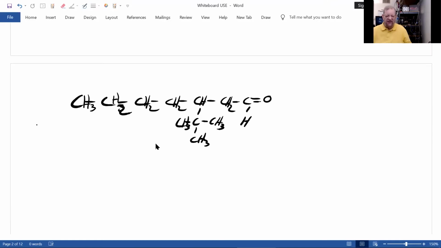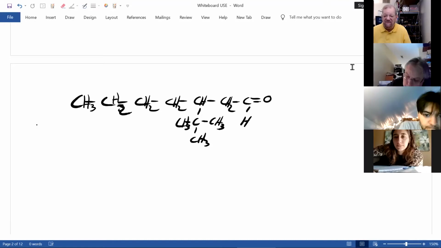And what would be the IUPAC name of this molecule? Have fun.